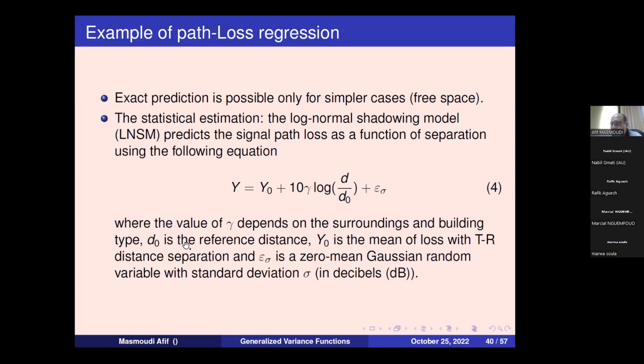So for the statistical estimation, the log normal shadowing model predicts the signal path loss as a function of separation using the following equation.